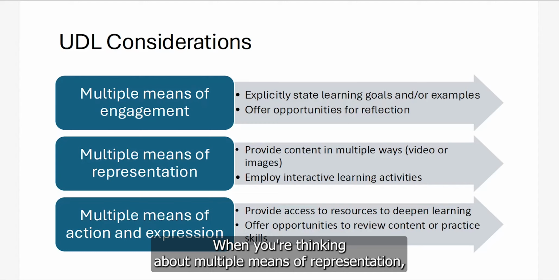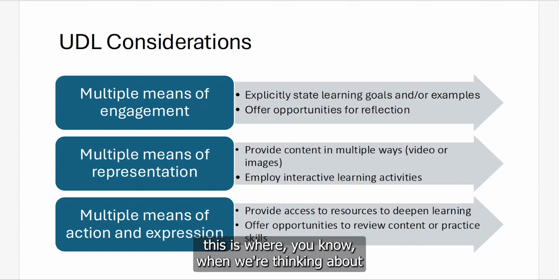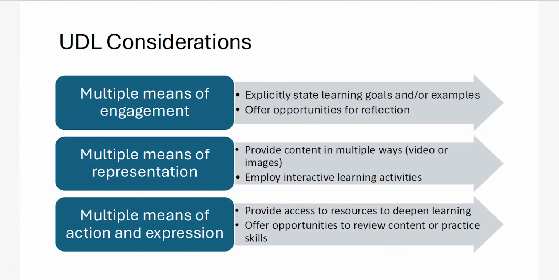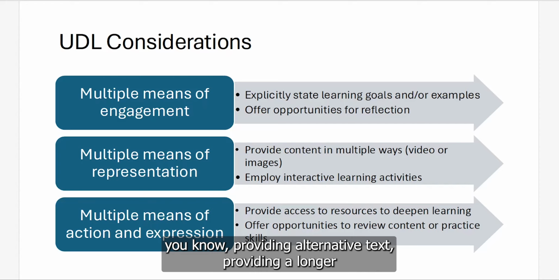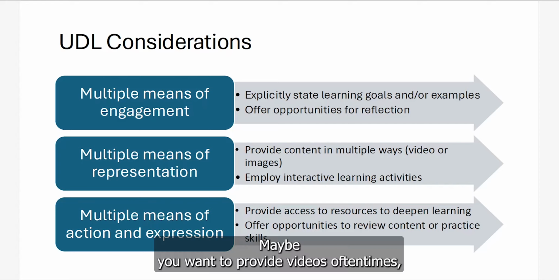When you're thinking about multiple means of representation, this is where, when we're thinking about how do we make an image accessible to everyone, providing alternative text, providing a longer description and describing an image can be very helpful. Maybe you want to provide videos.